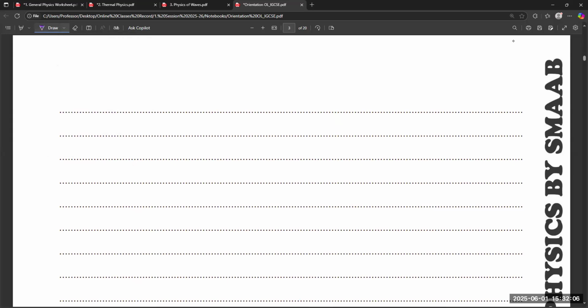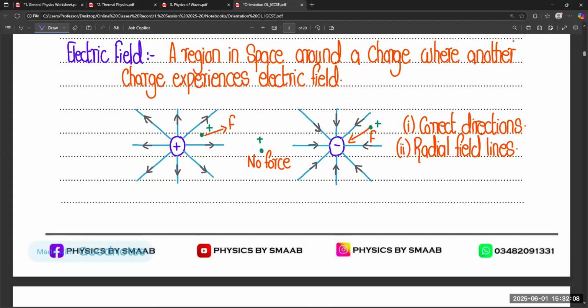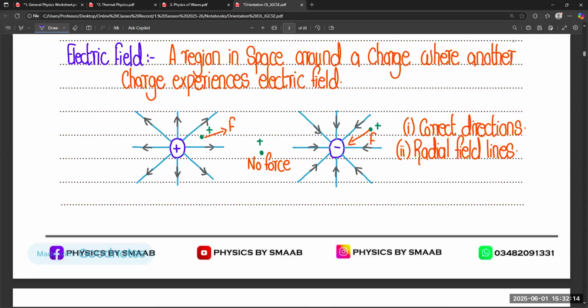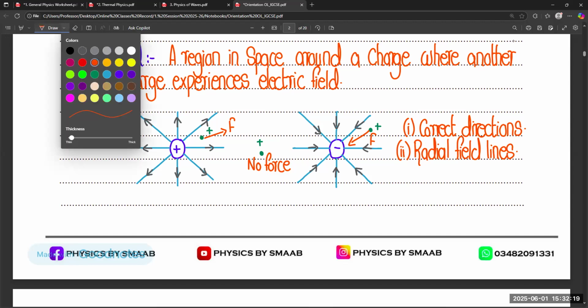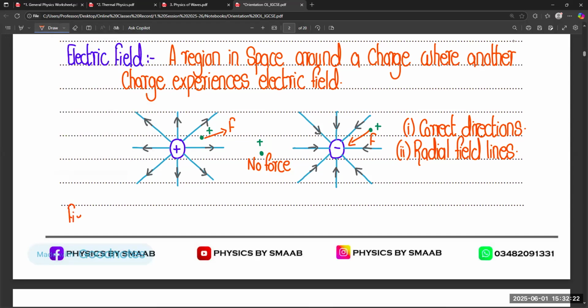And one more thing you observe, that the electric field always flows from positive to negative, because from positive the field lines are outward, and from negative the field lines are inward. So from this idea we can say field lines are directed from positive to negative charge.